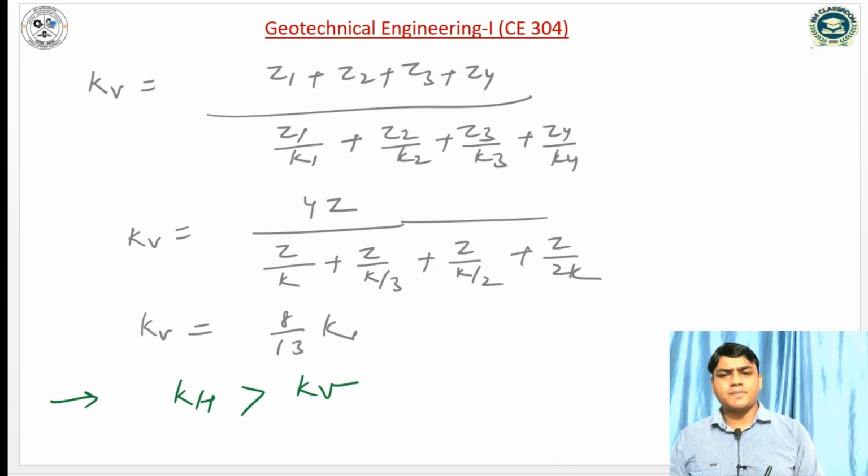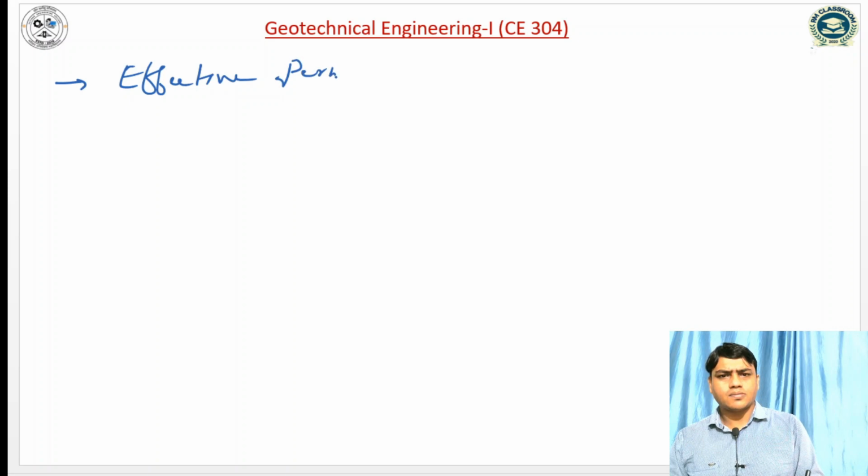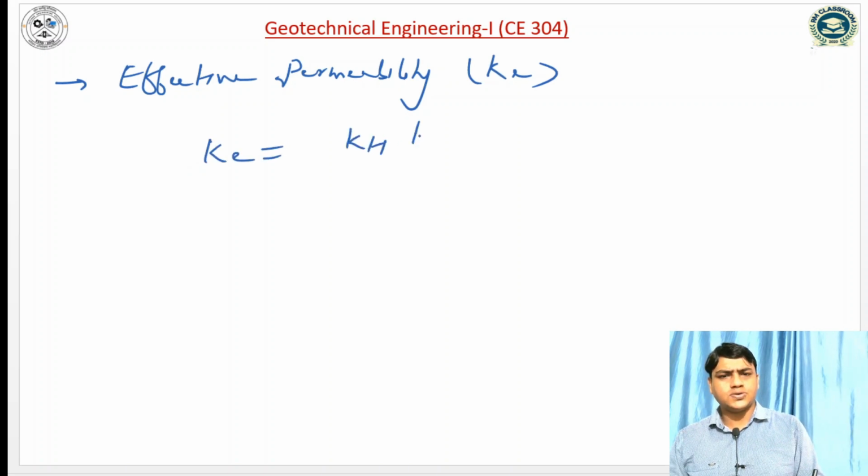And similarly, effective permeability, this is the two-dimensional case. So effective permeability Ke can be written as Kh into Kv to the power half.